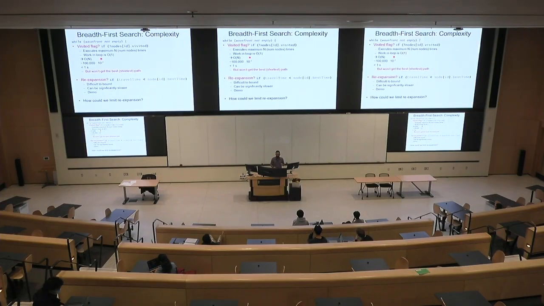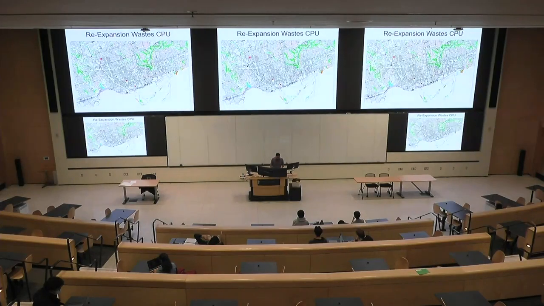Okay, so we need a way to limit the re-expansion somehow, we were going to demo this later at the end of the lecture, because we don't want to visit the nodes over and over again. So let's go back to this paper map. In the breadth first search, we are constructing wavefronts of certain radiuses and then expanding them one by one until we are able to find the destination intersection.